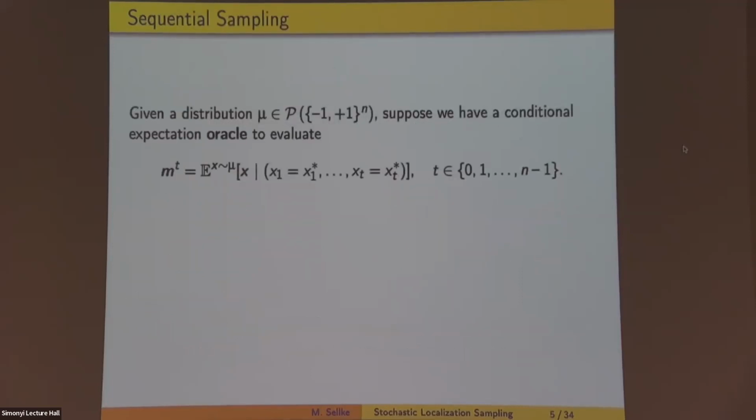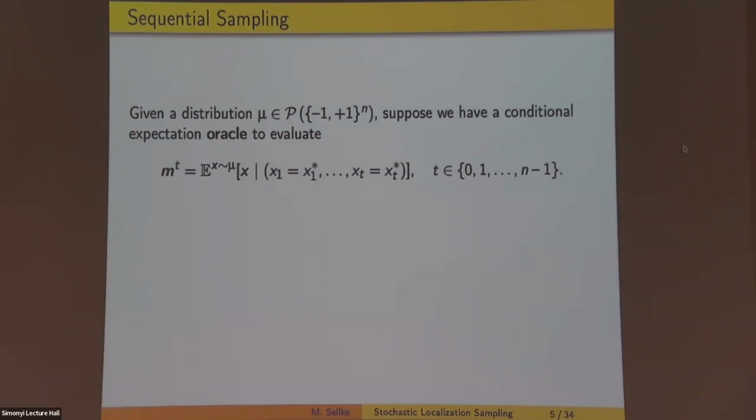So here's another way you could try to sample. I'll give a couple of strange algorithms that don't really make sense maybe, but serve as some motivation. The first one is sequential sampling. Let's suppose I have a black box, an oracle, that tells me the mean of the distribution I'm trying to sample from.